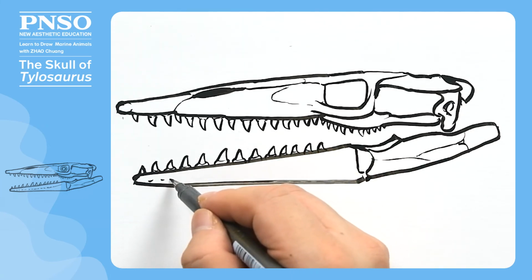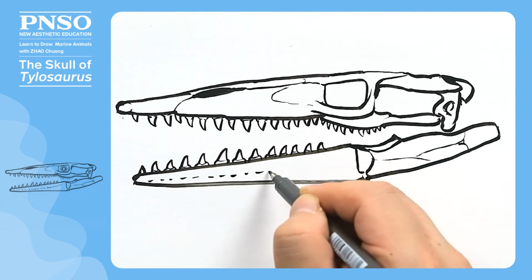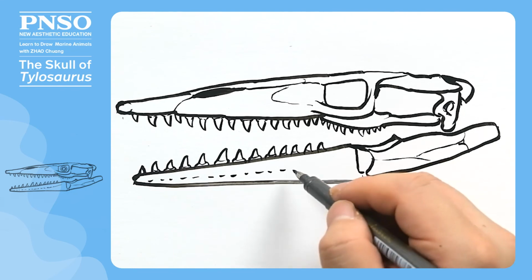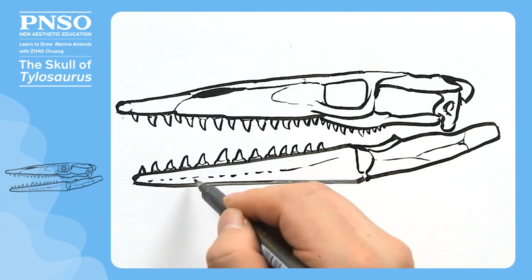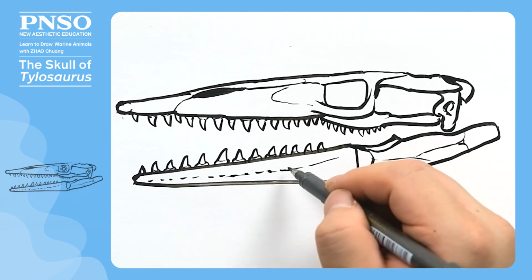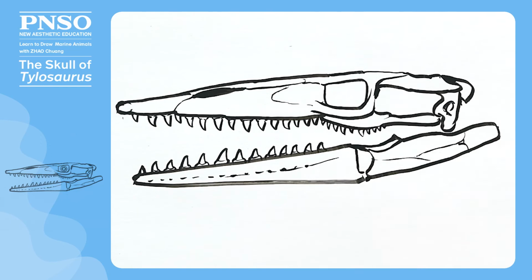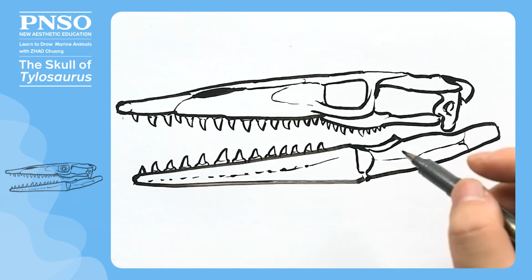It had a row of small holes on its dentary, which were used to provide nutrients to the lips or nearby teeth, called feeding holes. Now we've almost completed its skull.